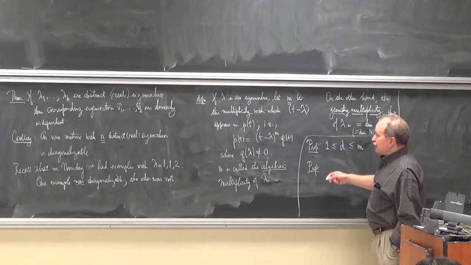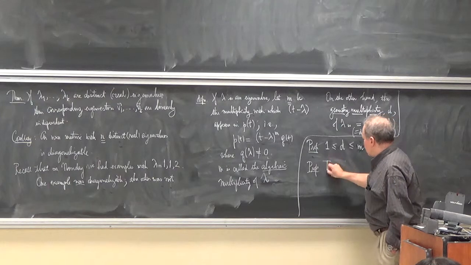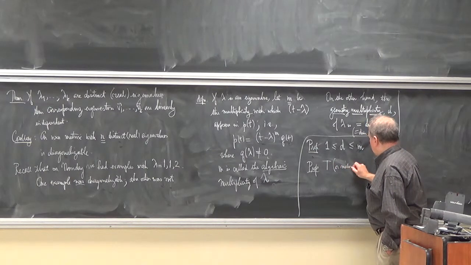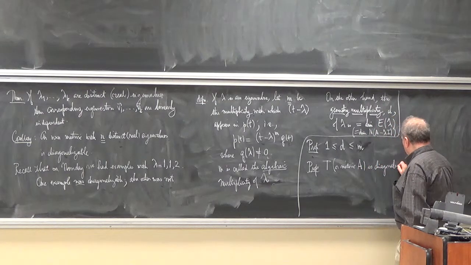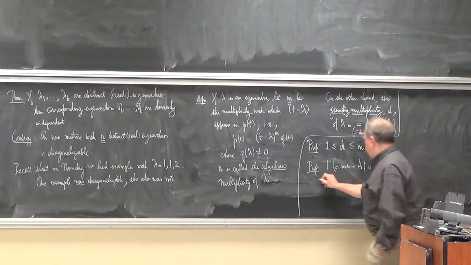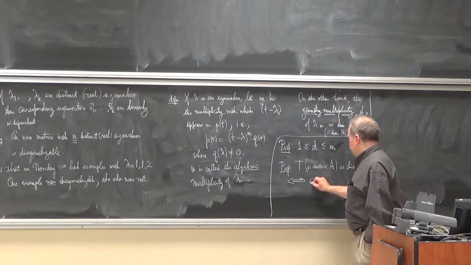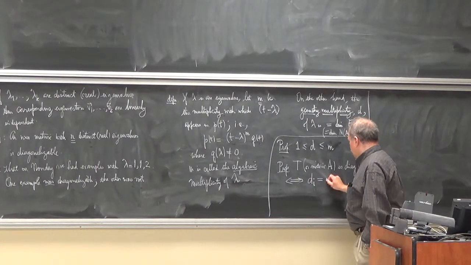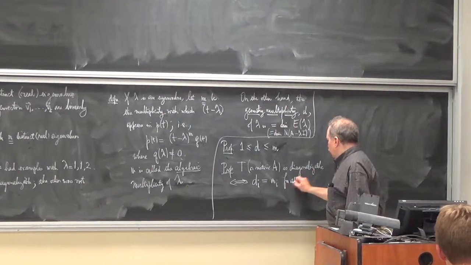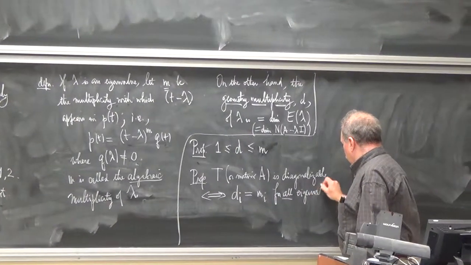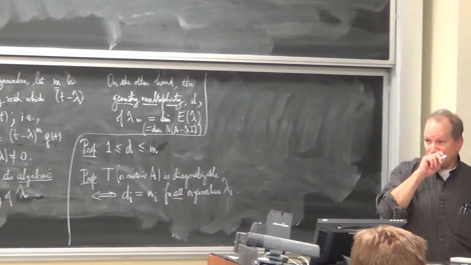So A, or the linear map T, whichever, is diagonalizable if and only if every geometric multiplicity is equal to the corresponding algebraic multiplicity for all eigenvalues lambda i. Okay, so it has to hold on every single one.